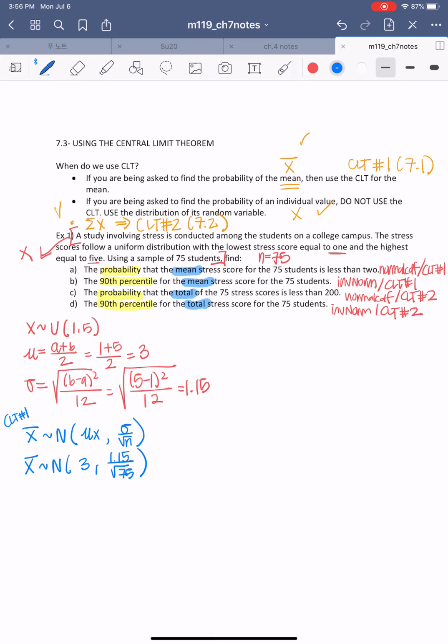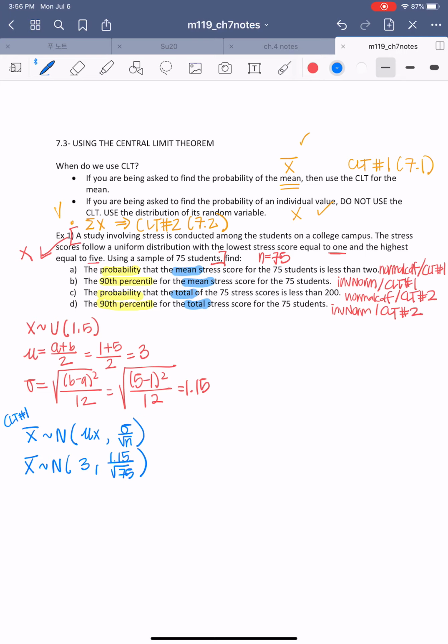And the last one is CLT number 2. That's dealing with the sum. Sum is also normal. Mu for the sum and then standard deviation for the sum. Mu for the sum was n times mu of x, and the standard deviation was square root of n times sigma.